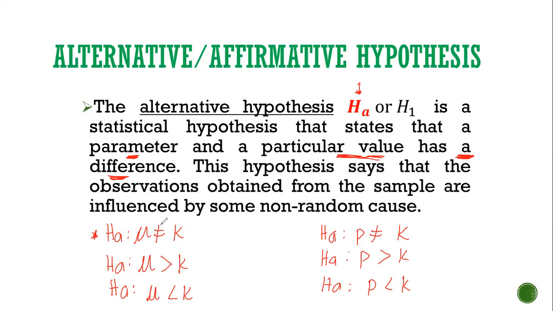But on the problem later, pag may sinabi doon na 1 is less, 1 is greater, yun na, gagamitin na natin tong dalawa. Either yan, tsaka yan. So, depende kung anong parameter ang sasabihin mamaya. Kung mean ba or proportion. Okay? And, kung maaalala ninyo, please take note of this.